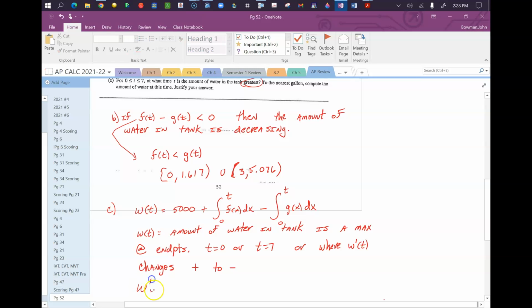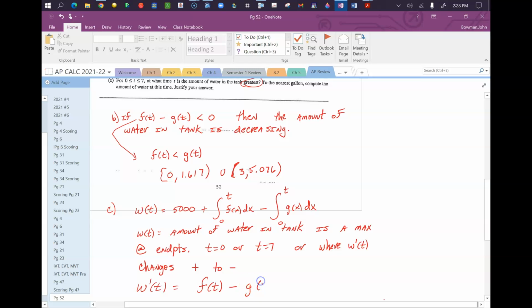W prime of t is going to be equal to, the derivative of 5,000 is just 0. The derivative of the integral from 0 to t of f of x dx is just going to be f of t by the fundamental theorem, and the same thing for the integral from 0 to t of g of x dx.